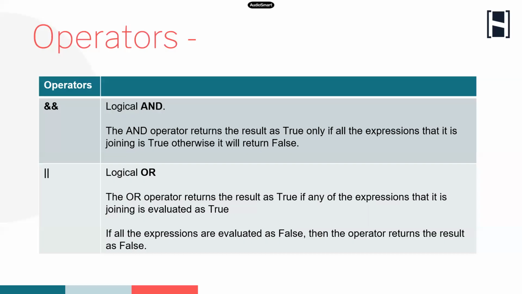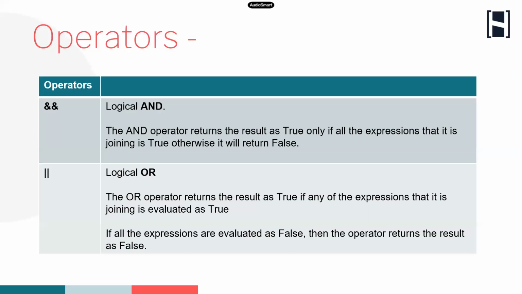The next operator we have is our logical OR operator. Again, how is the logical OR operator going to work? It is also going to combine multiple expressions, that is, multiple conditions together. But what is the difference here? It will give the final result as true if any one of the combined expressions is true.